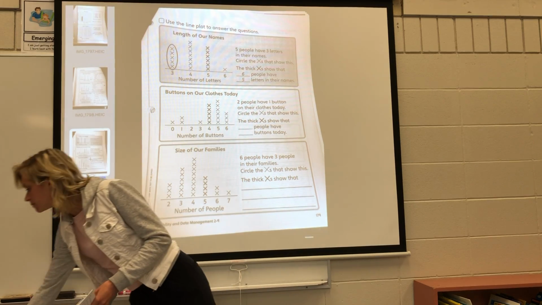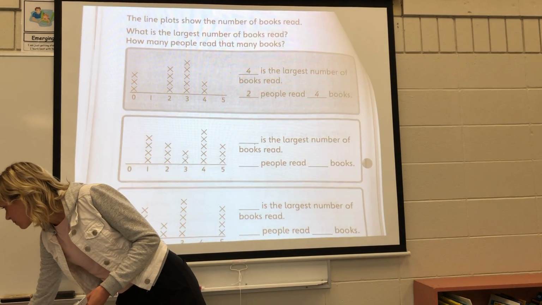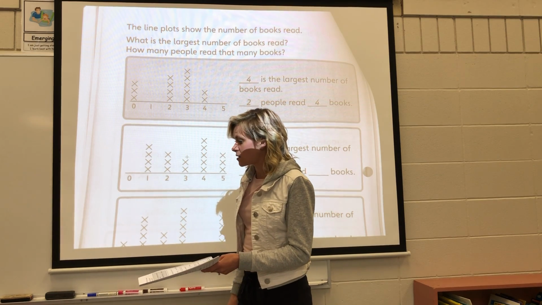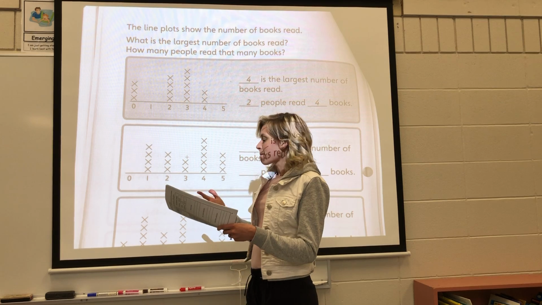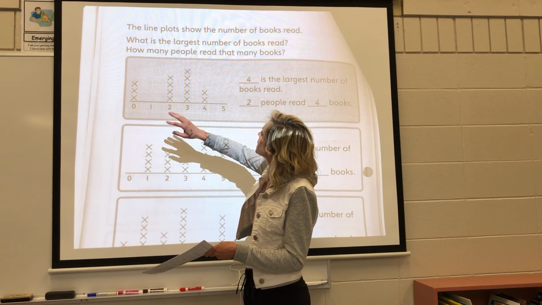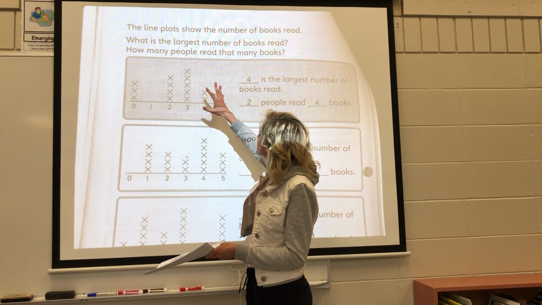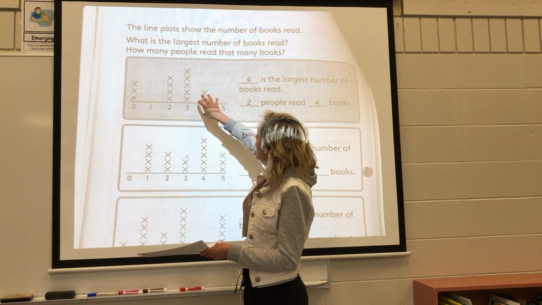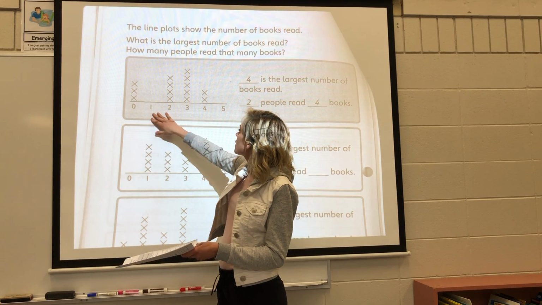So the last one for our line plots is going to be what is the largest number of whatever it is we're looking at, and how many people read that many books. So we're looking at our graph.